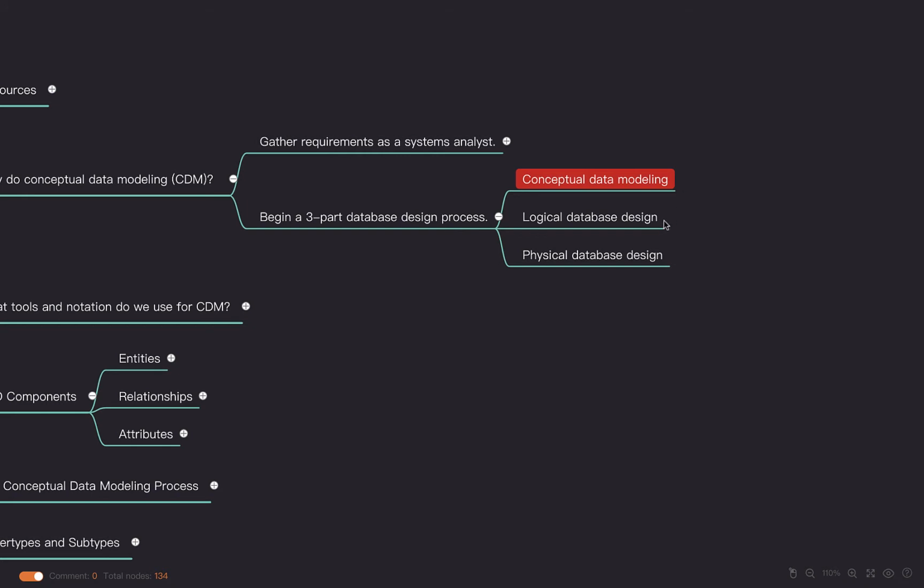When we get to logical database design, the primary audience for that design is going to be the system developers. Yeah, the people who were involved with the conceptual data model are going to want to see it because they're going to want to make sure that we didn't change it a lot, okay?